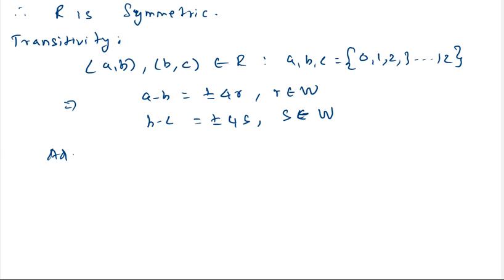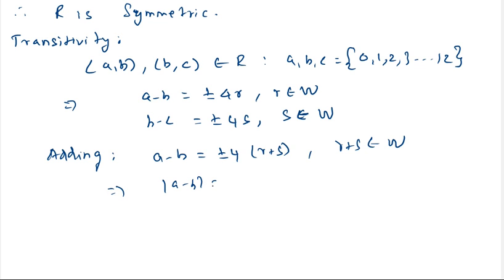Then adding these two, A minus B plus B cancel, A minus C equals plus or minus 4 times R plus S. R plus S is another whole number. R plus S belongs to W, and this implies mod of A minus B is a multiple of 4, and this implies A minus C, where A comma C belongs to R.